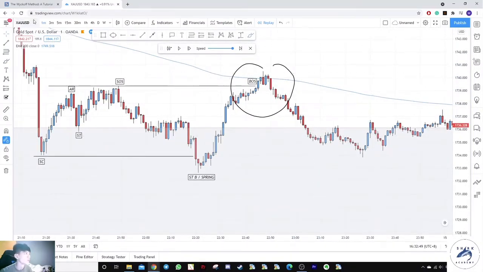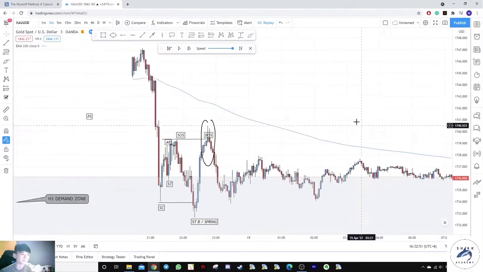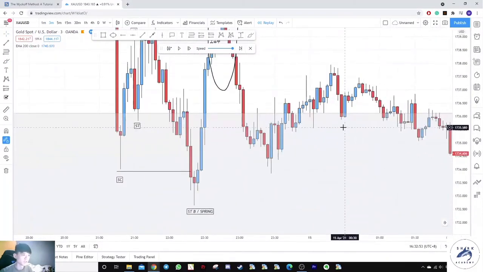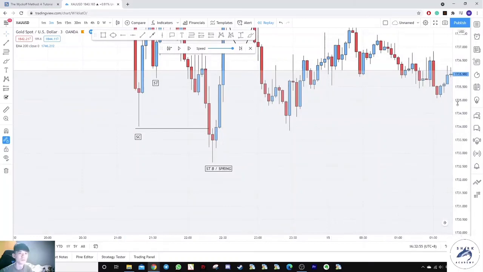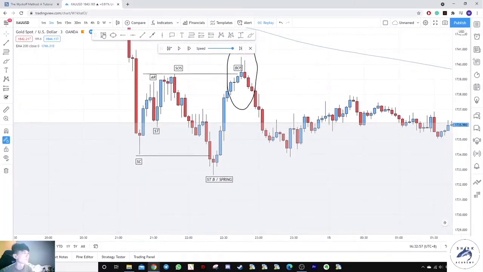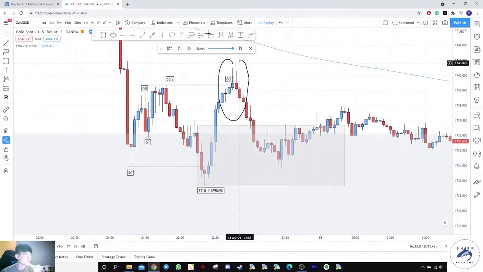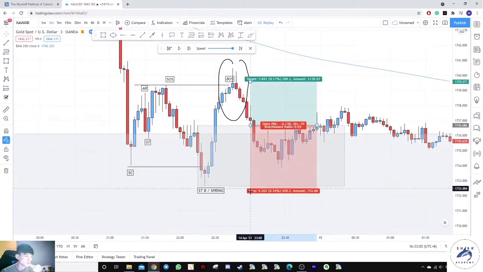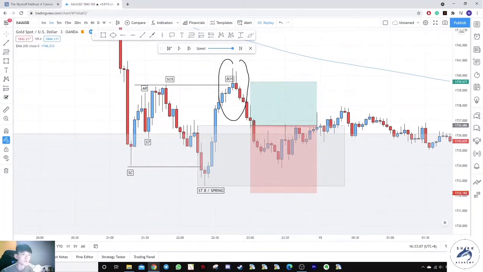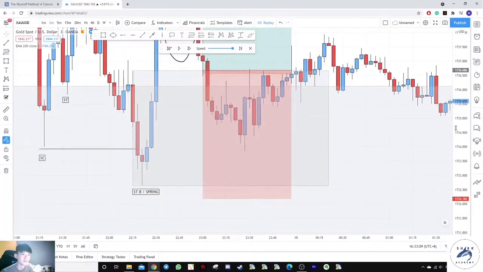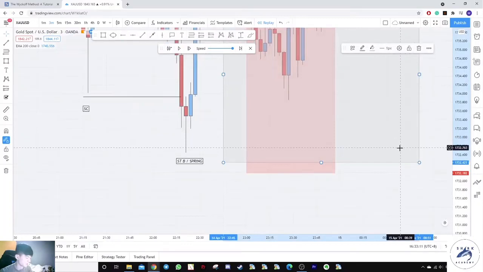So where are we looking to buy actually? You see that we have a last demand zone over here, where you could have got involved and put your stop loss below your spring, or you can look for an even deeper retracement level.